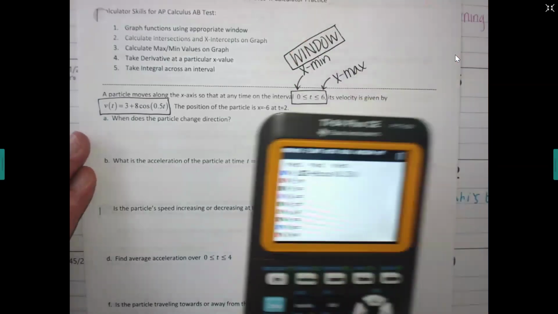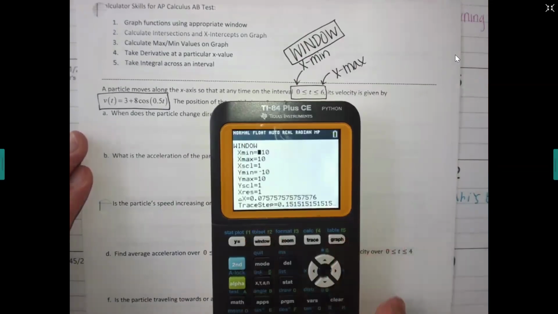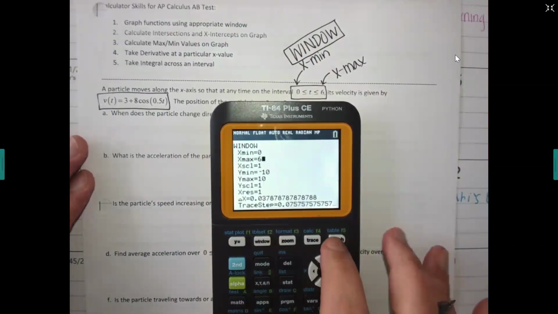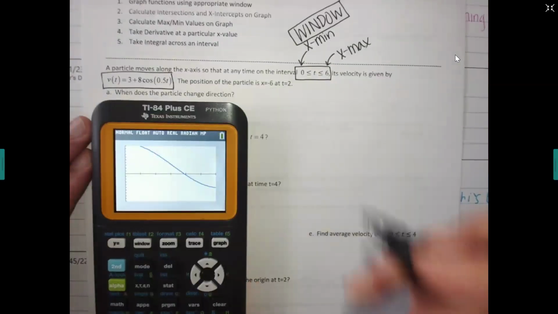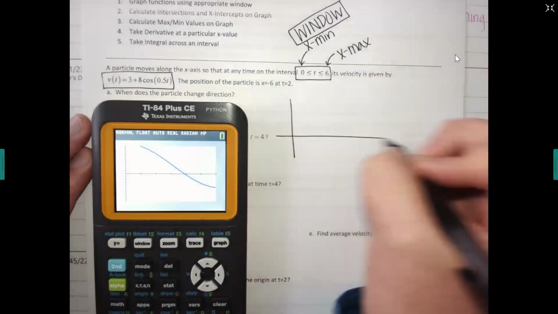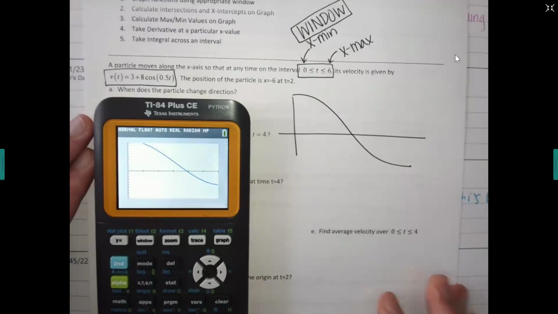You should know how to adjust that, but in case you don't, I'll show you right here. We're going only from 0 to 6. Then once you have that, go ahead and sketch the graph on your paper. So it goes something like that.